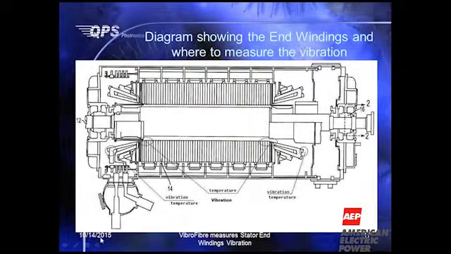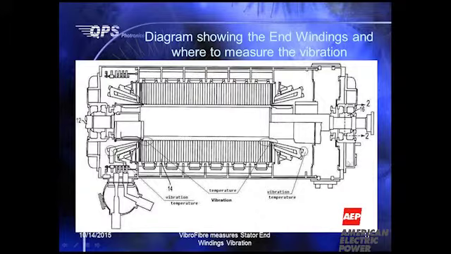So typically, you install these sensors on the end winding, and because different generators have different structures, some of them have end caps where they can have clear direction for radial and tangential vibration.